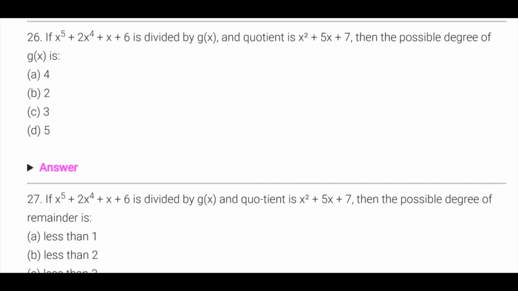26th question. If the expression is divided by g of x and the quotient is x square plus 5x plus 7, then the possible degree of g of x is. G of x is the divisor here.